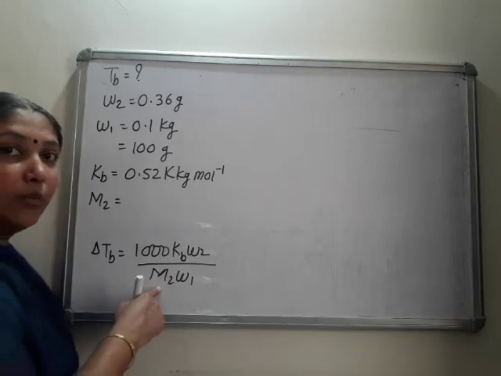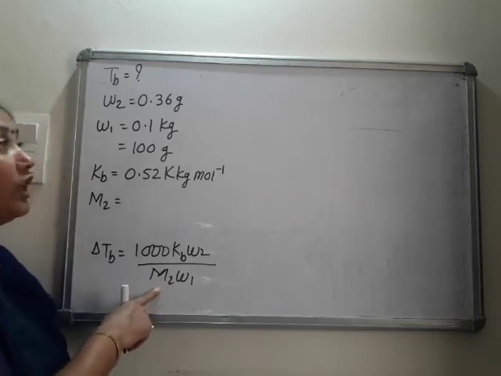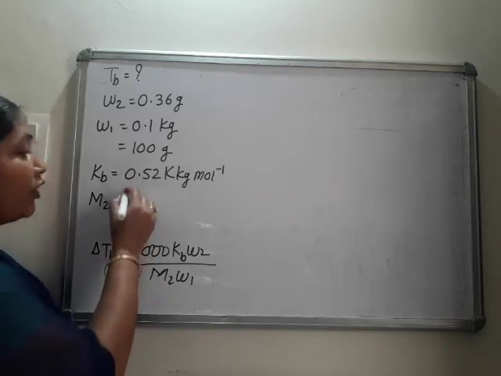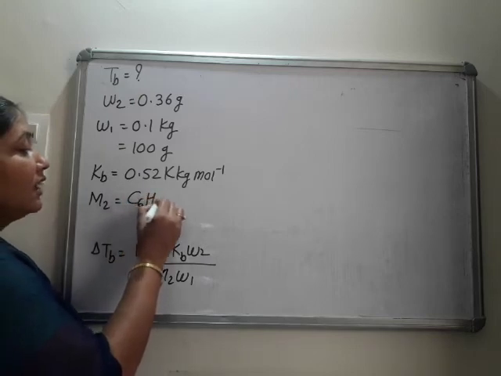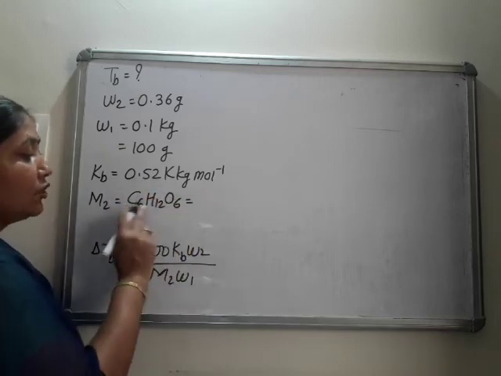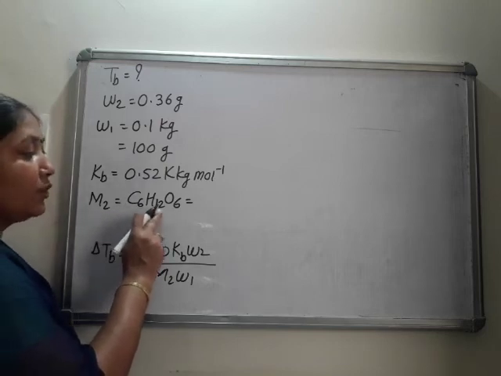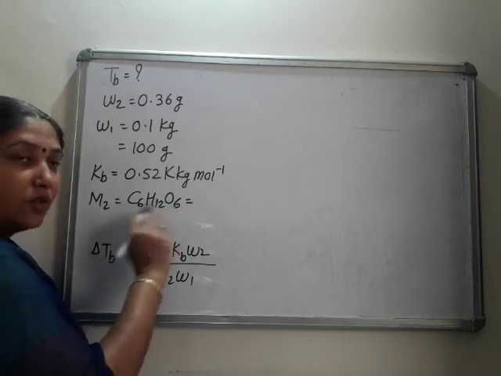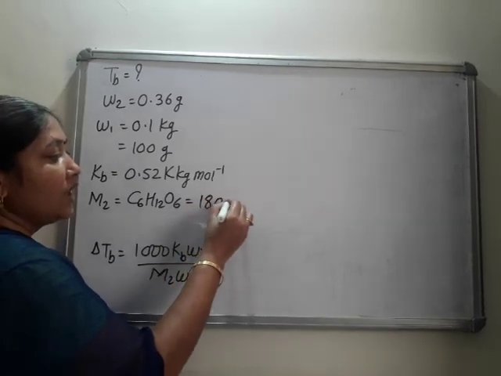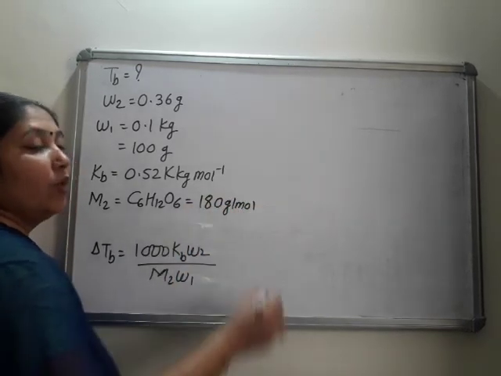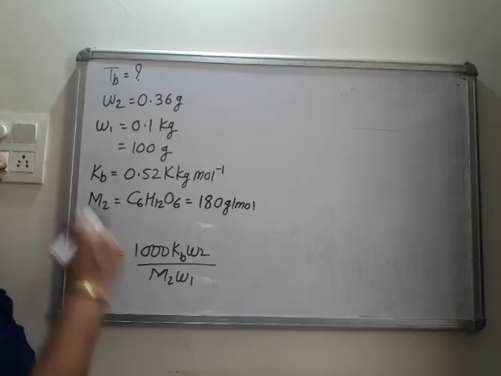So we have to find M2. How to find? Solute given is glucose. Glucose has formula C6H12O6. So put atomic masses of each atom. 6 into 12 plus 12 plus 6 into 16. So if you calculate, this value comes 180 gram per mole. Okay, molar mass of glucose.